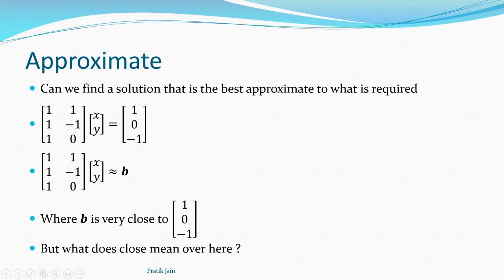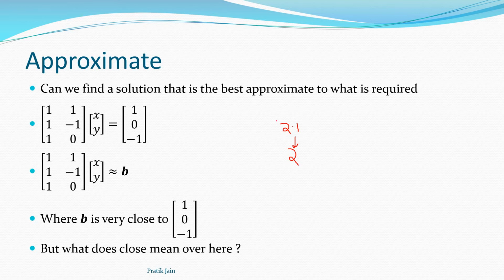Now what does close mean over here, right? This is a very important question, because if it had been just a number, a scalar, we could say, okay, if you are not getting say 2.1, you can round it off to 2, right? This is what we mean by closeness. So 2.1 is close to 2.